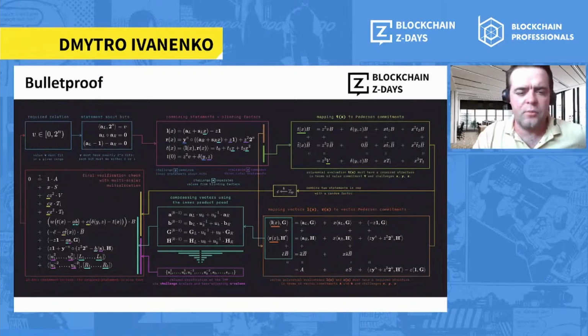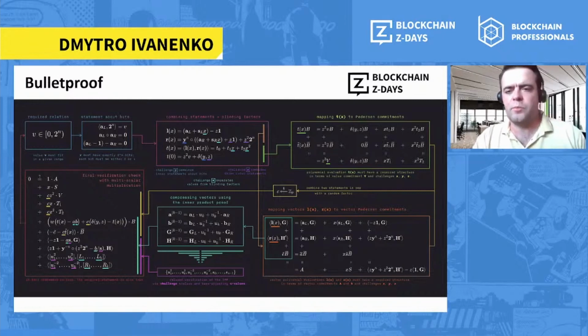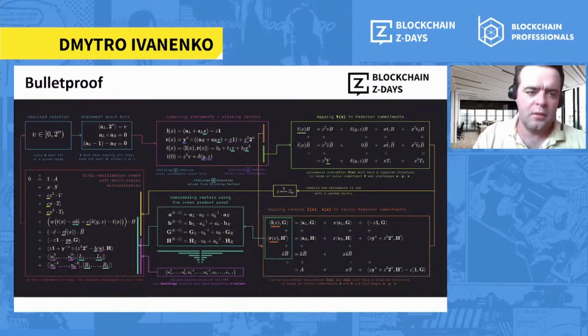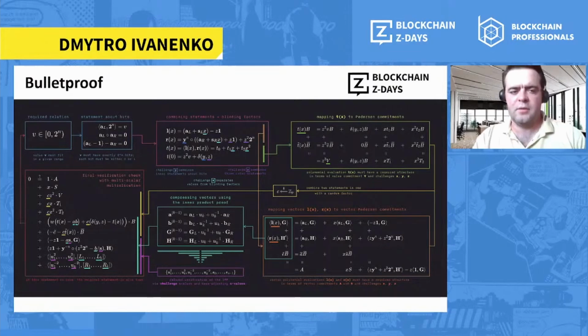And Bulletproof is an interesting method because this protocol is used when you need to check a short proof. The size of the proof of this protocol is short.